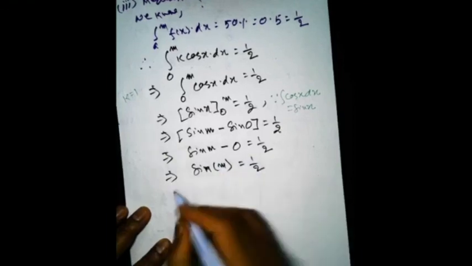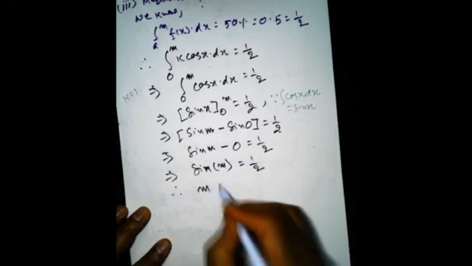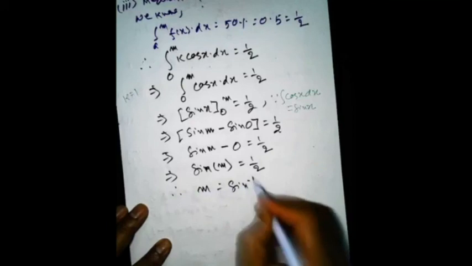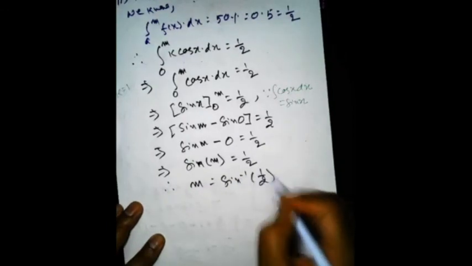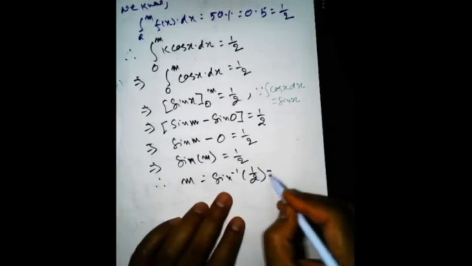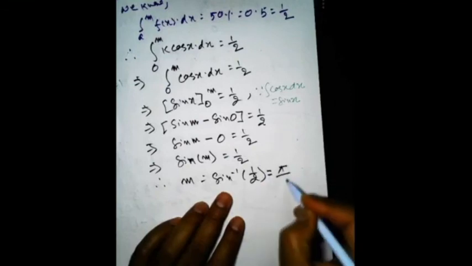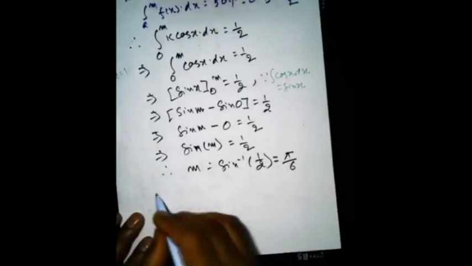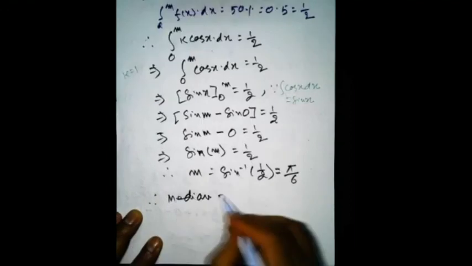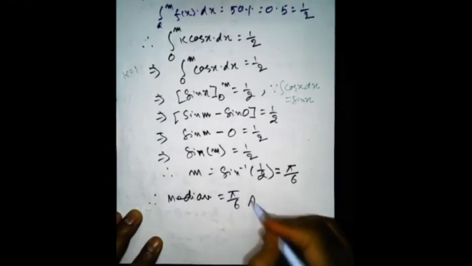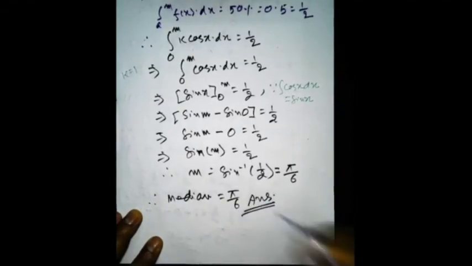Therefore m equals sin inverse of 1 by 2, and sin inverse 1 by 2 is 30 degrees or pi by 6 radian. So the median in this case is pi by 6, and this is the answer.